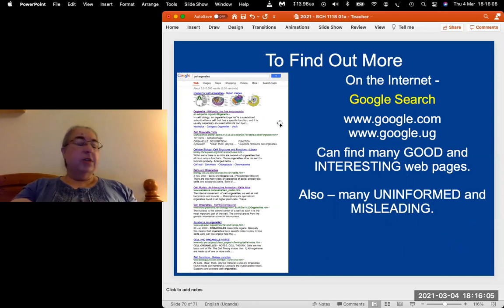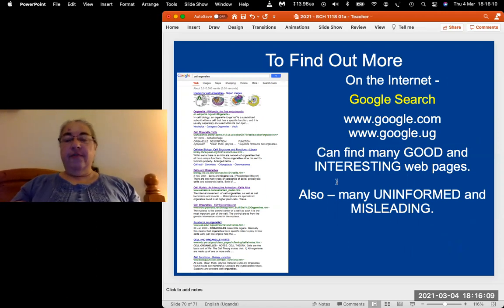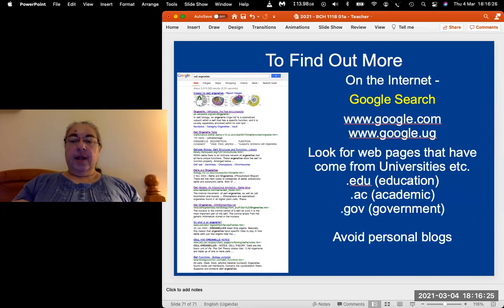However, you might also find some web pages which are uninformed or misleading or not really talking about what you want to know about. So be careful and be sensible about the pages that you look at. A good hint is to look for pages that come from universities.